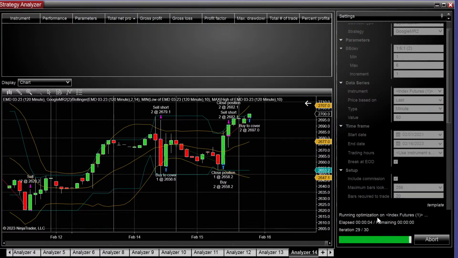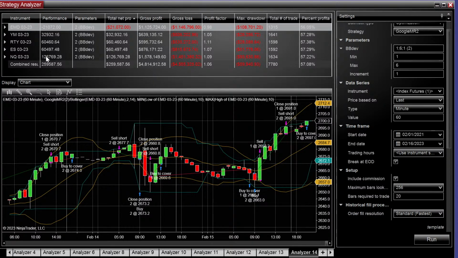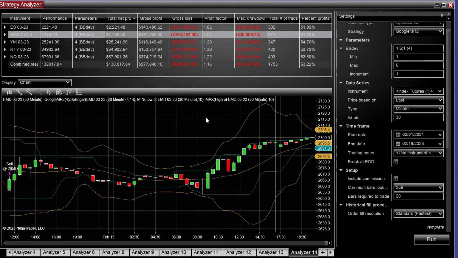The premise that price is supposed to go back to the mean once it hits a Bollinger Band, it just doesn't work. Doesn't work enough, at least. Premise is solid, it just doesn't happen enough, you know.